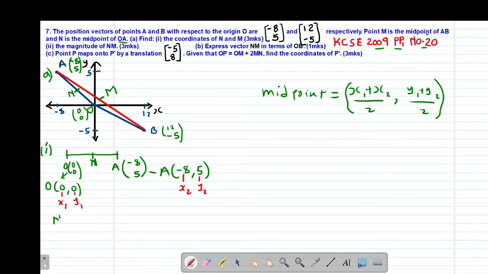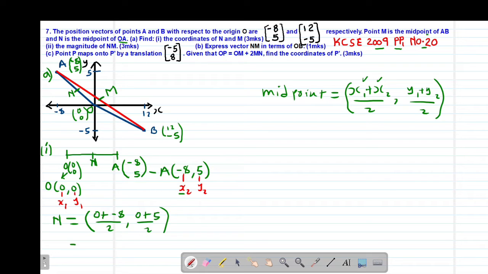The coordinates of N should be given by (x1 + x2)/2. My x1 is 0, plus x2 is negative 8, so minus 8, then divided by 2, comma, y1 is 0, plus my y2 which is positive 5, then divided by 2.